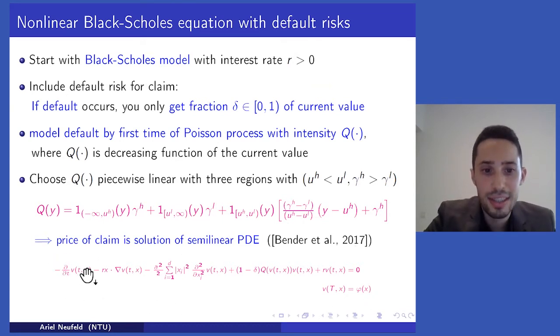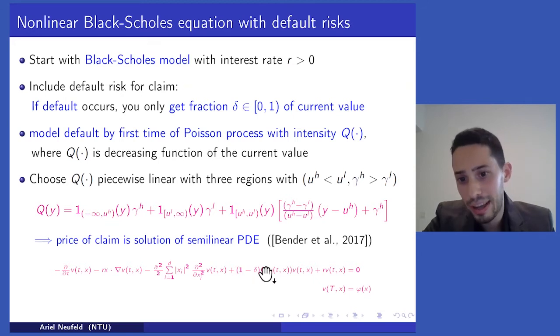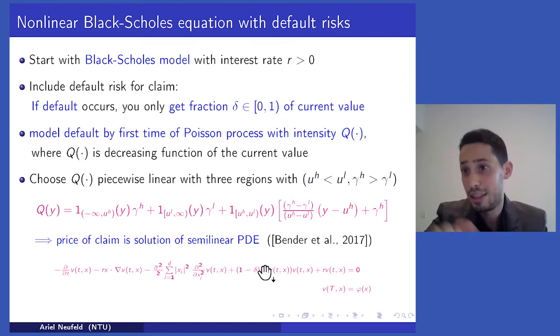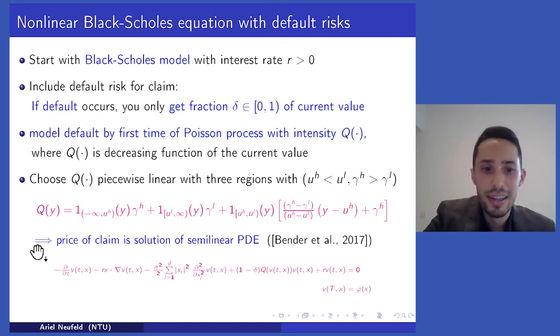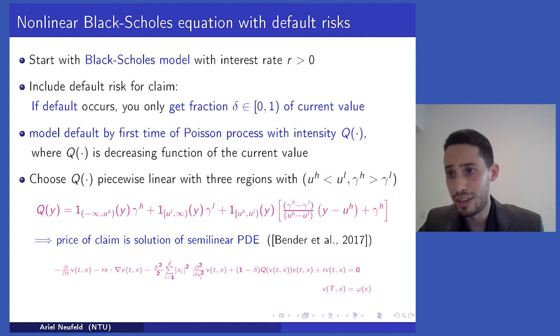And you see, this is the same as we had before, linear in time. You have the gradient, linear in V, and linear in the Hessian, but you see here it depends on the solution Q. You apply Q to the solution V, and remember Q is not linear, it is piecewise linear, but not a linear function. So in other words, this PDE, because we have default risk, becomes a nonlinear PDE.